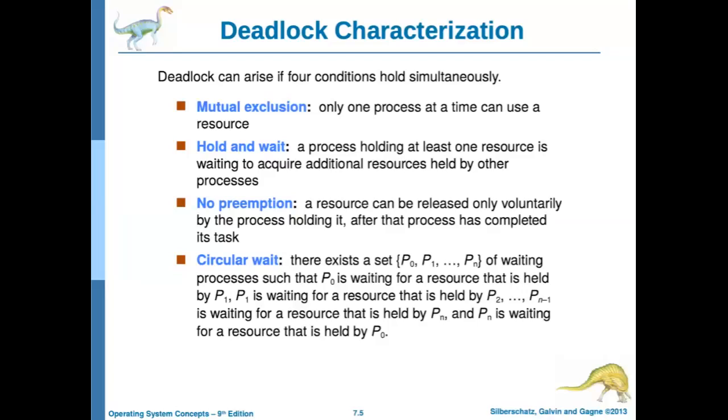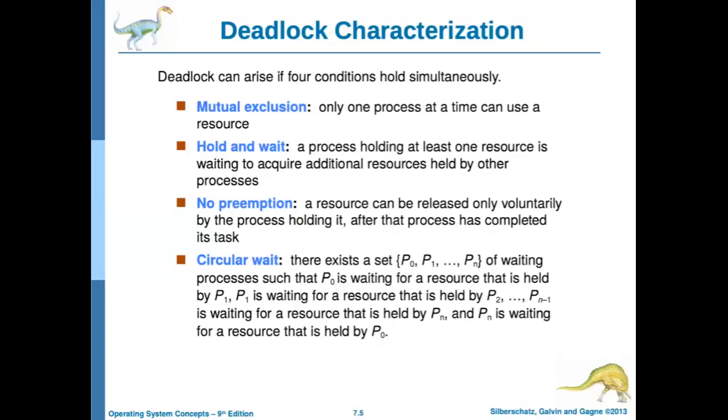Now imagine if mutual exclusion is not there. For example, if anybody can directly use the printer without checking if anybody else is using it, that means the resource is not serializable. If there is no need to wait, deadlock will not be there. So the very first thing that is required is mutual exclusion.